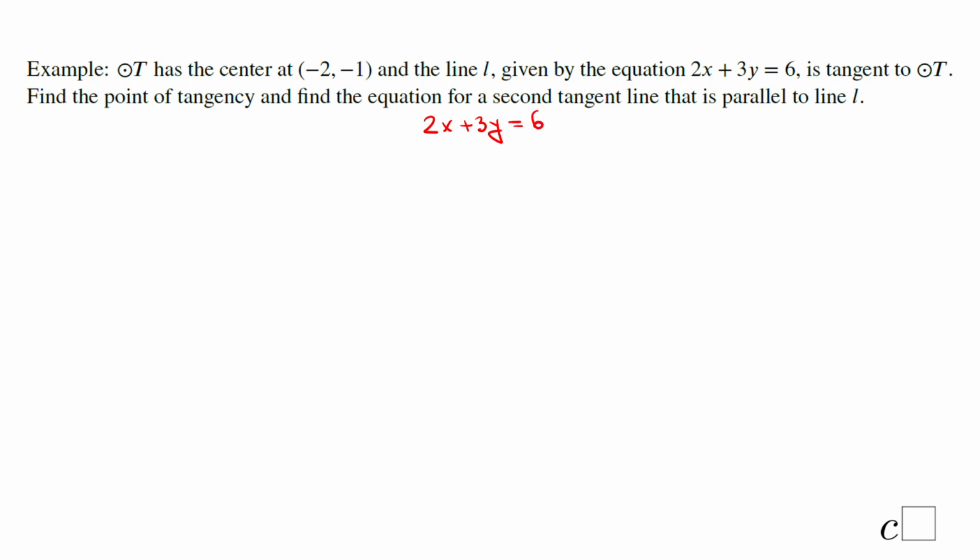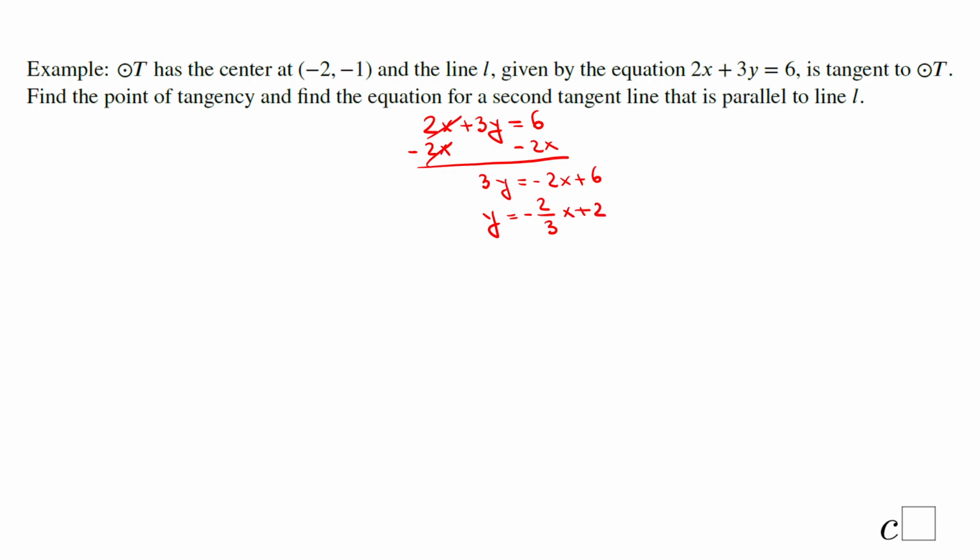For that reason, I'm going to subtract 2x, and I'm going to get 3y equals -2x plus 6, and obviously the last step, divide by 3, and I get y equals -2/3x, and 6 divided by 3 is 2.